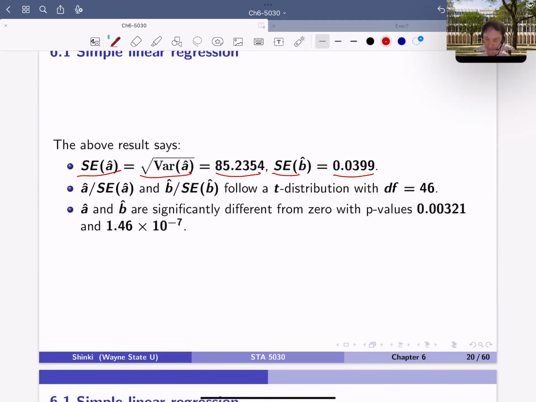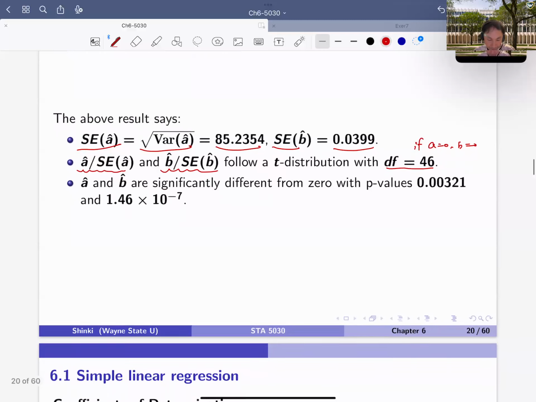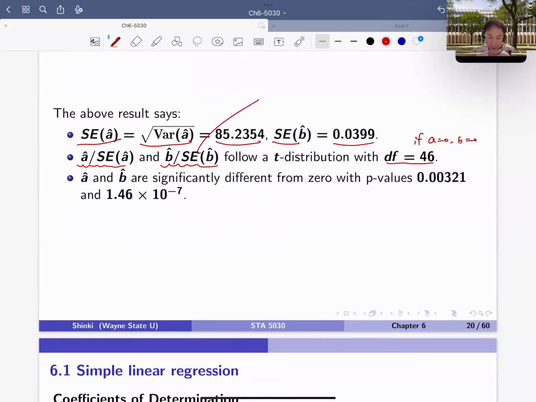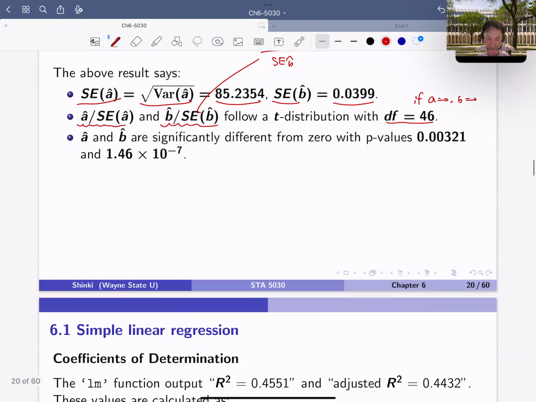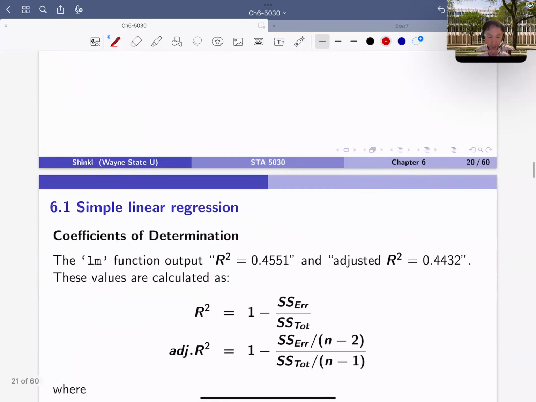If a is 0, this quantity follows a t distribution with df 46. If b is 0, this quantity, b hat minus 0 over SE b hat, follows a t distribution with df 46. So both a hat and b hat are significantly different from 0.